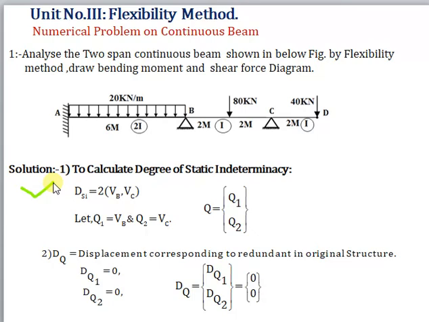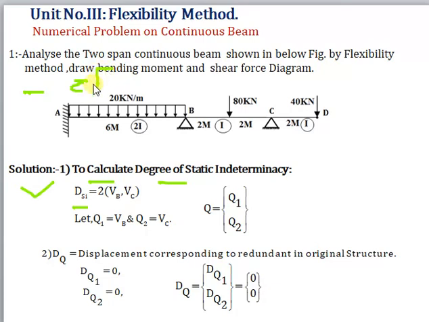First step in the problem is to calculate the degree of static indeterminacy. To find the degree of static indeterminacy, first we have to calculate the number of unknown reactions. Neglect the horizontal reaction, and also neglect summation of Fx as an equilibrium equation.